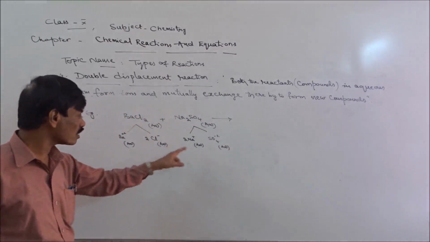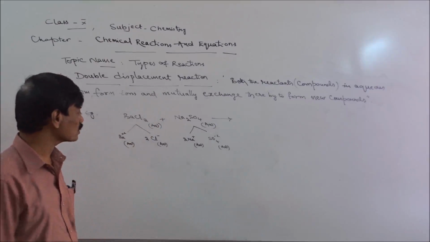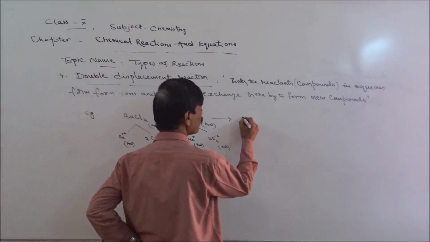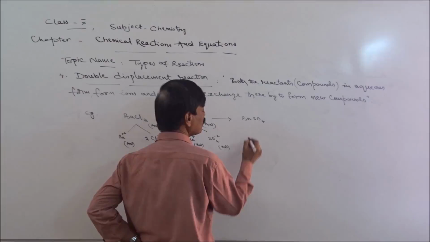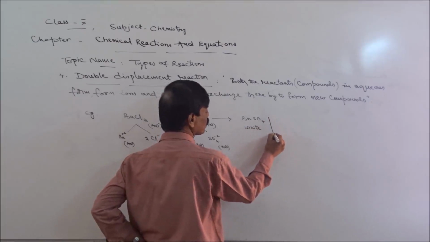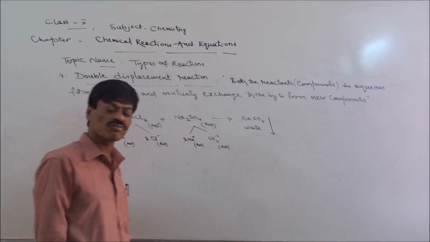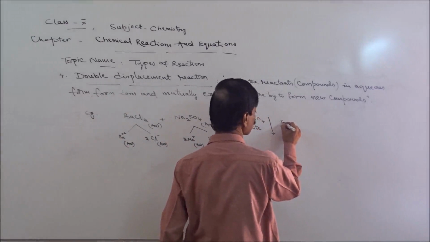Now these ions are mutually exchanged according to the concept. Then we will get barium sulfate, right? It is a precipitate, and that too white in color. Precipitate is indicated by a downward arrow mark. And then sodium chloride.